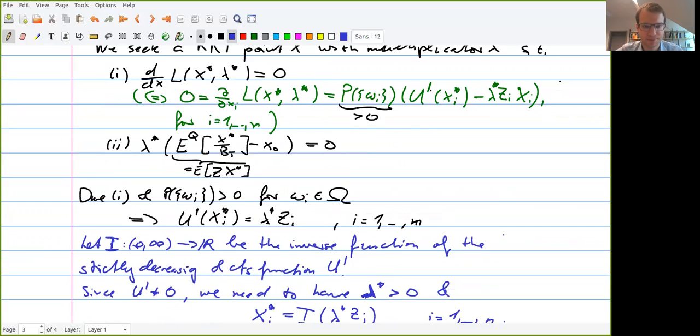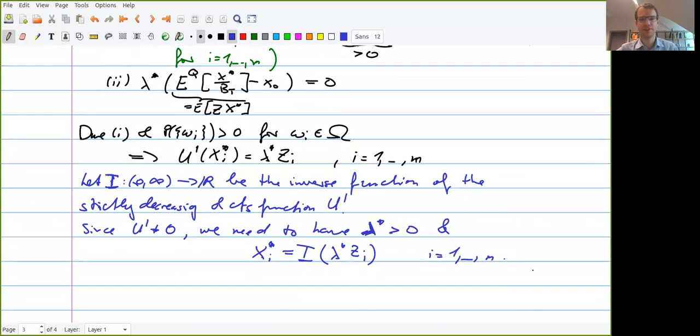And now I want to use the second one as well. The moment we find lambda star, we have by this condition x star i.